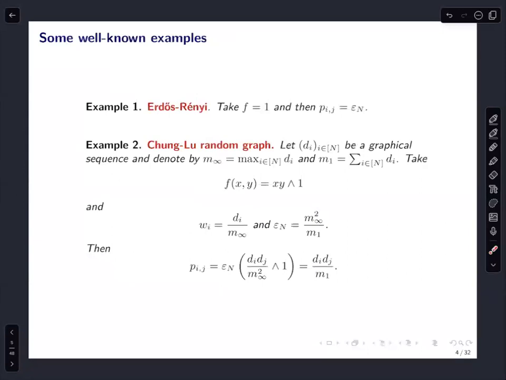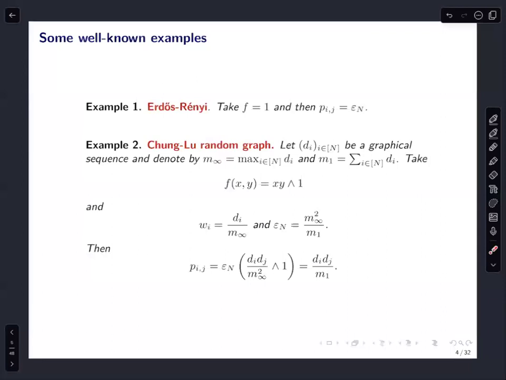Let m infinity be the maximum of these degrees and m1 be the average of these degrees, and you define the connectivity function f(x,y) as xy minimum 1, and I take weights which are di by the largest degree, and I choose an epsilon n which is m infinity squared by m1. And then if I write Pij as I described before, Pij was epsilon n f of wi wj, I get this form.